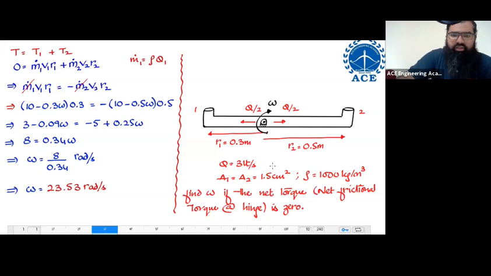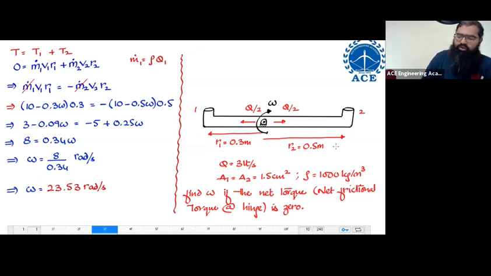Next thing, how is it clockwise? It is clockwise because if you think of little logic, you will see that this lever arm is higher. That means the motion of U2 is going to dominate over U1. U1 is downward, U2 is downward.